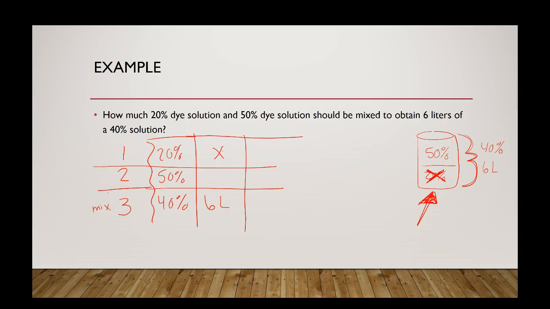So if I took the 6 liters and subtracted out the 20%, which is x, I'm left with the 50% solution. I'm going to represent it as 6 minus x. I don't know how many liters of 20%, but if I took them out, 6 minus whatever that is would give me the remainder for the 50%.